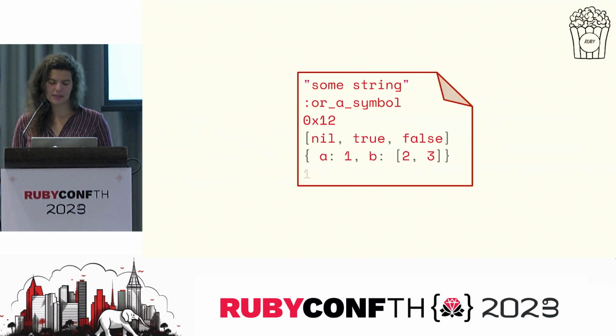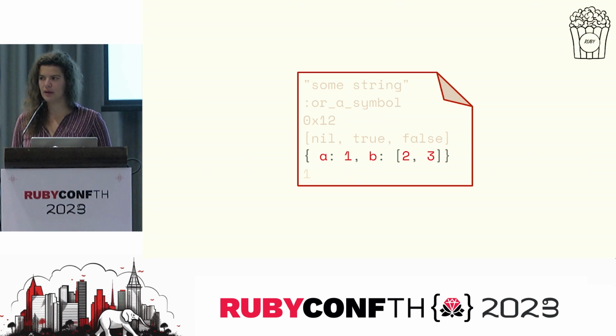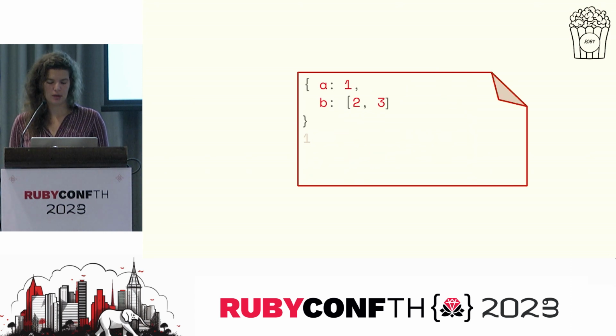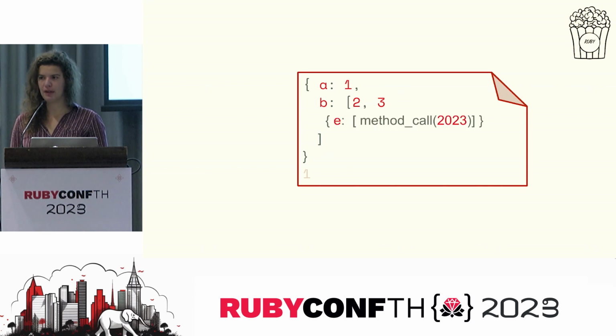But looking at this example again, I want to focus on the hash a little more. What if instead of this, we put something else within the hash? Super nested within this value on B, which is an array, we have another hash, and within that we have another array, and all the way in there we have a method call. We need to do this method call, right? Even if the rest of the hash is irrelevant, as we said, we need to do this method call.